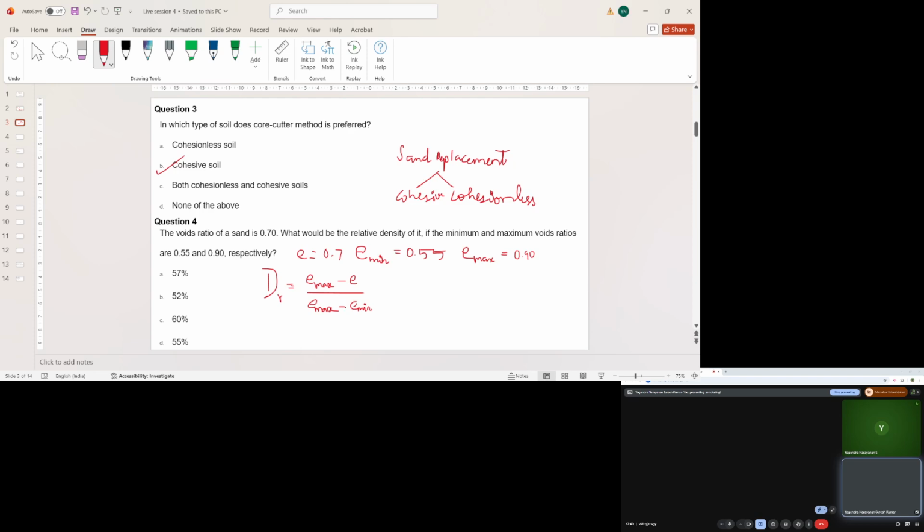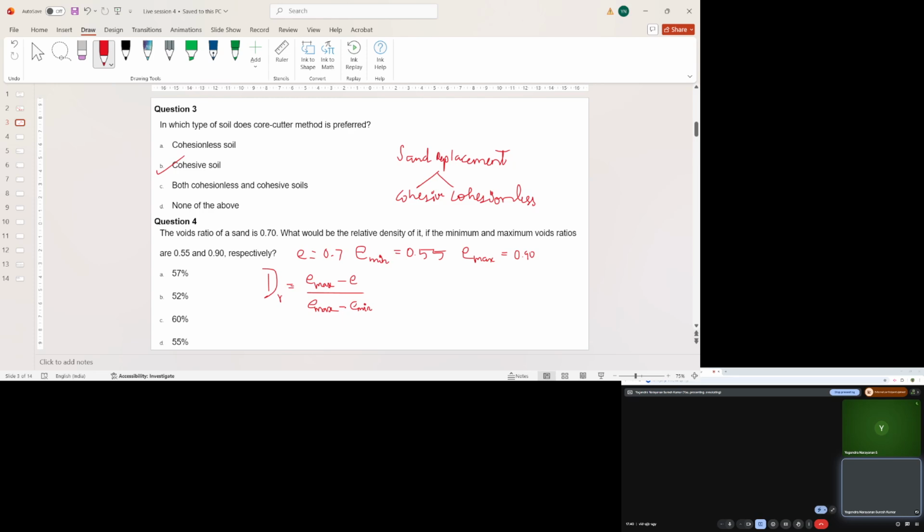It's usually the fluviation technique where we determine the e max, and for e min you usually use the shake table to vibrate for the soil particles to settle down completely, and you measure the weight and volume and do the usual calculations.